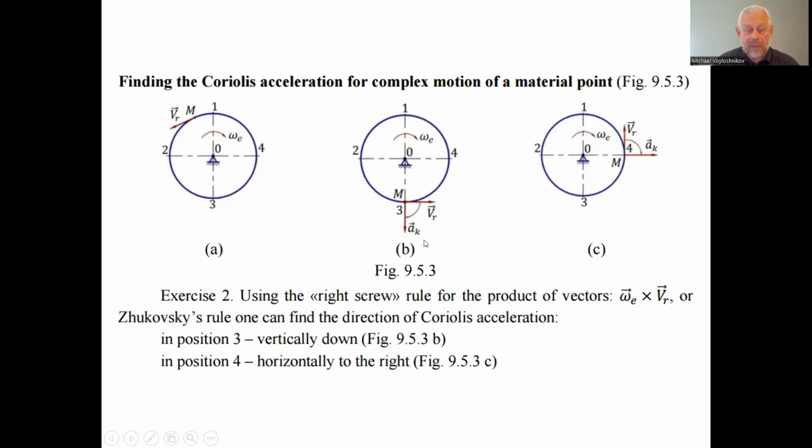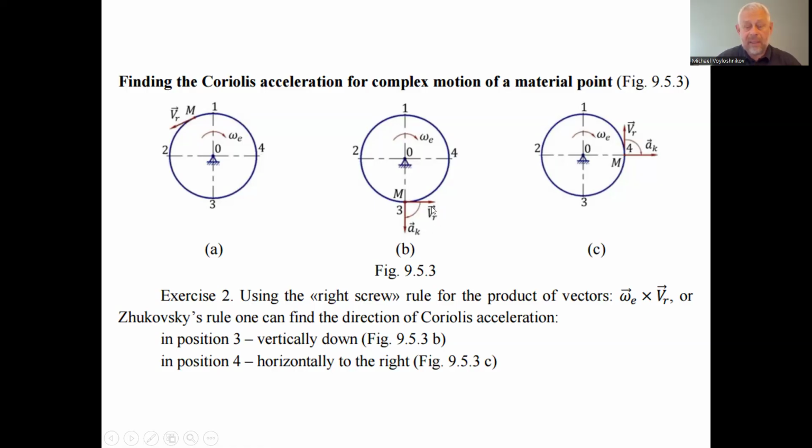So what is the direction of the Coriolis acceleration? We can use, for example, the Zhukovsky rule. It is easy to use because we have the axis perpendicular to the plane of the scheme, and this is the projection of the relative translation velocity on the plane perpendicular to the direction of the vector of the transfer angular velocity, omega e, directed beyond the screen.